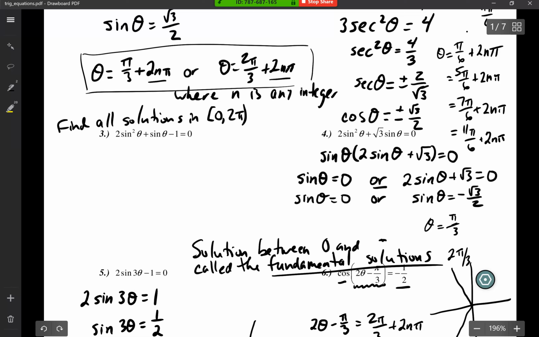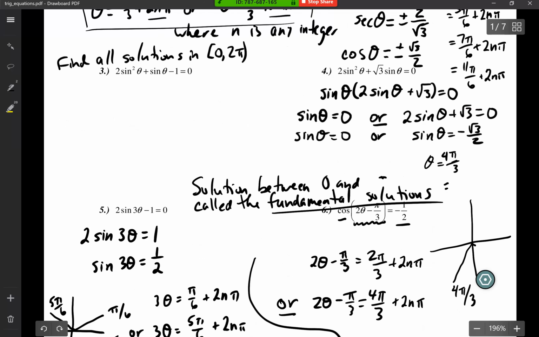Does anybody have a question? One of them is 4 pi over 3. Exactly right. Good. What's the other one? Let me see if I can draw the picture here.